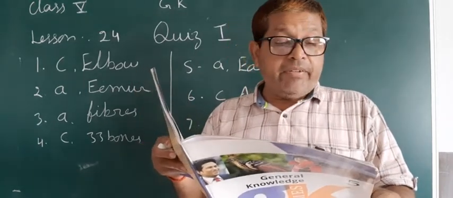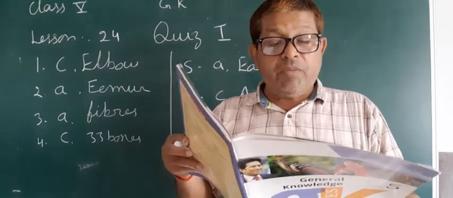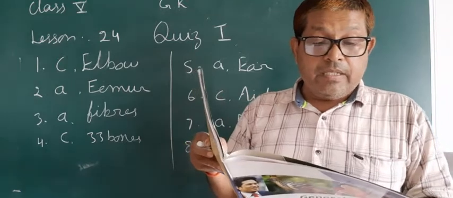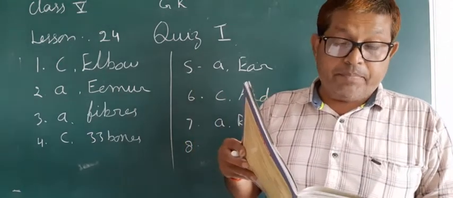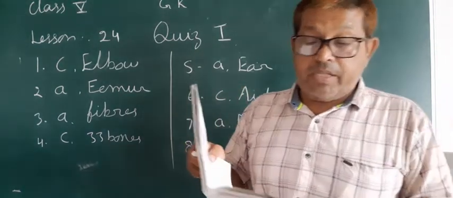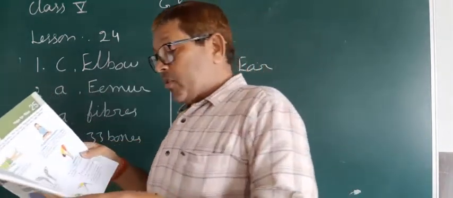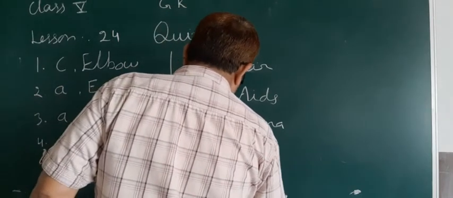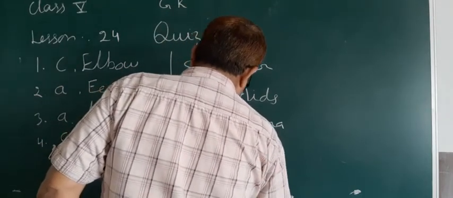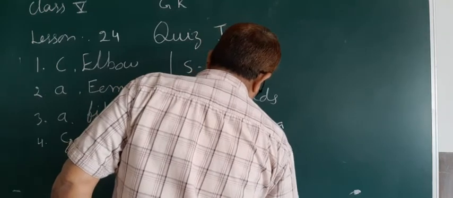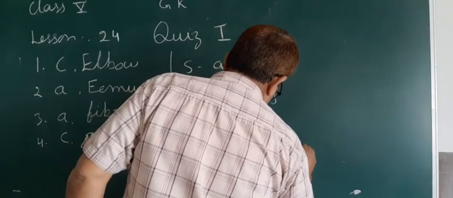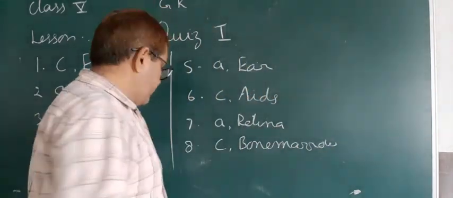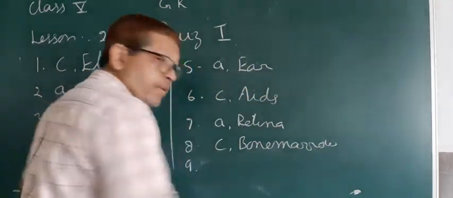Three options are given: uterus, stomach, and bone marrow. So bone marrow is the part of the human body where blood formation takes place. So here C, bone marrow.